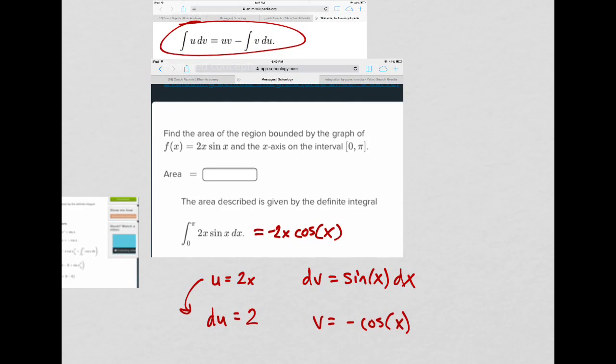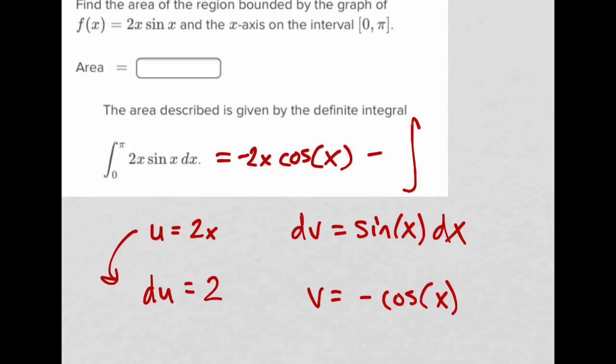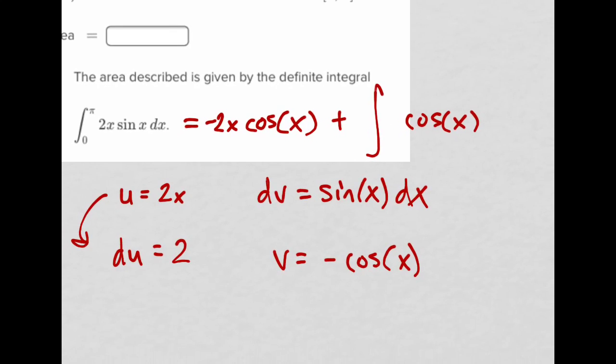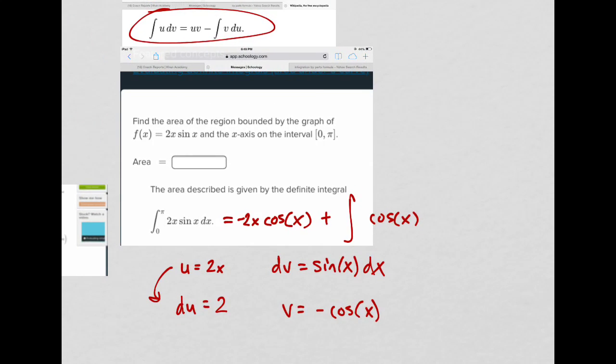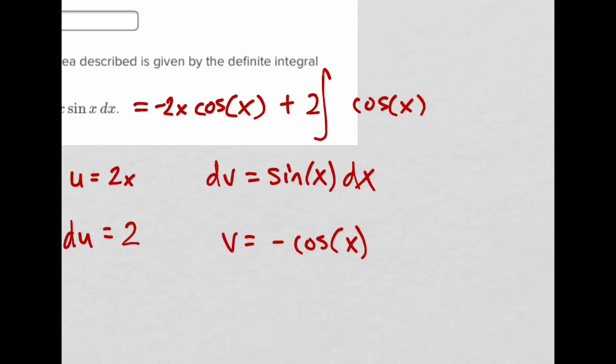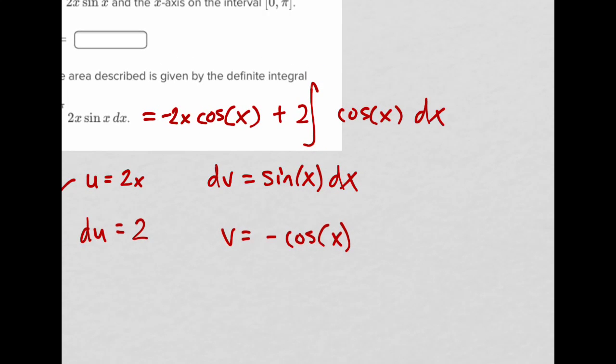I'm just following the formula, that's u times v, minus the integral of v du. V is negative cosine, so I'll change that to plus cosine x, and then du is just 2. So I'm going to move that out in front and tack on a dx.